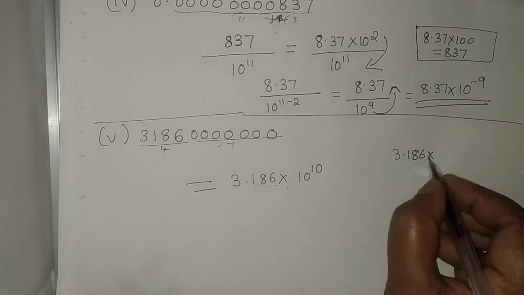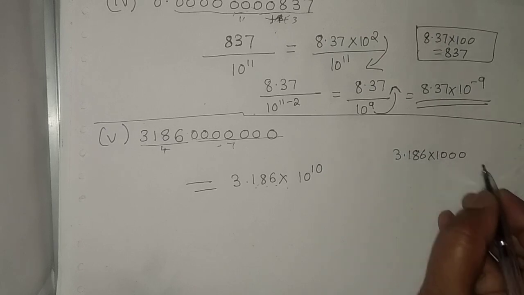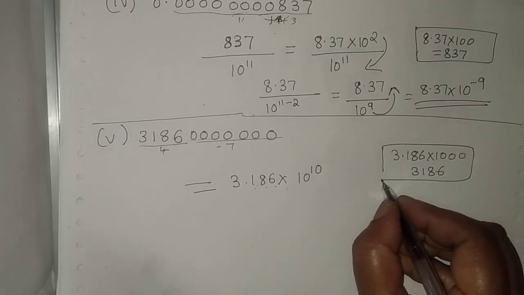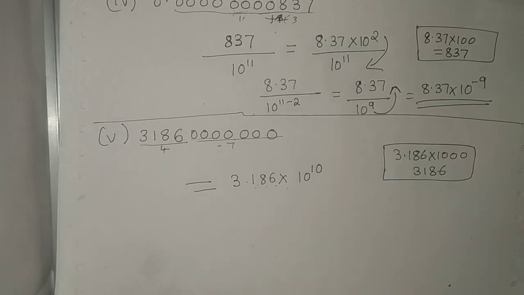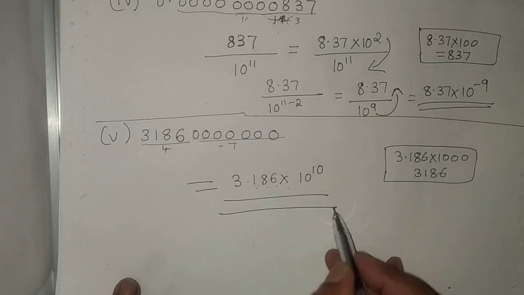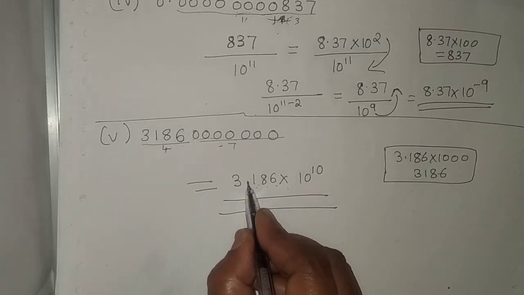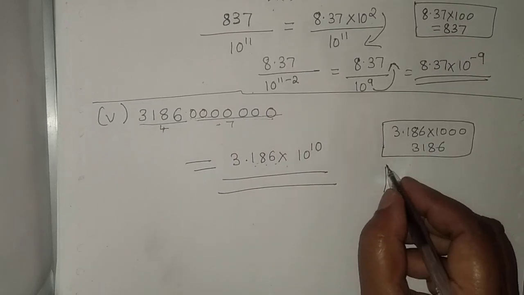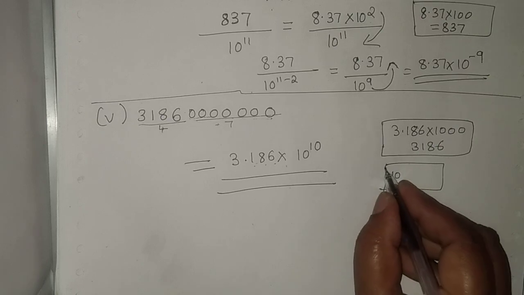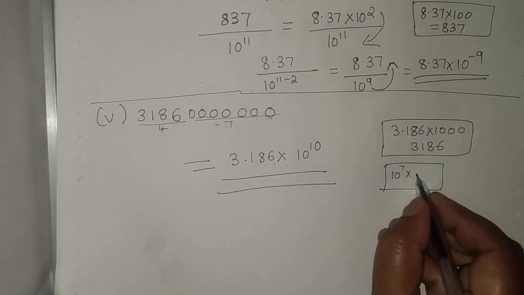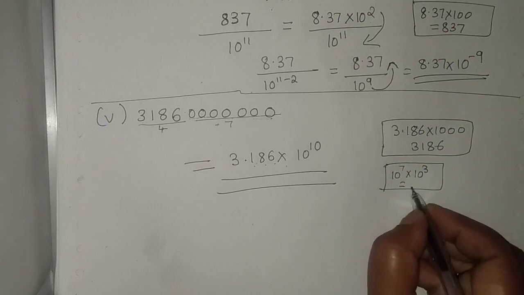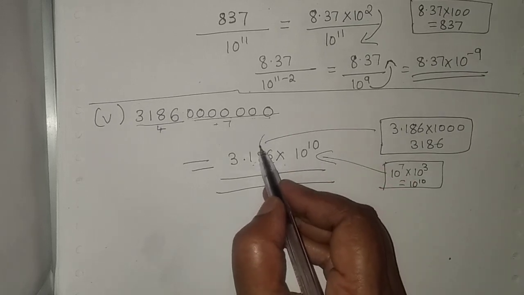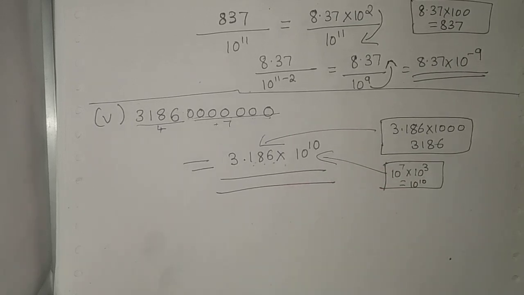This is similar to the third problem. We wrote directly in only one step, the general form, including 3 zeros to this. This is 10 power 7, and we included 3 zeros, which will be 10 to the power of 10. So this is the general form.